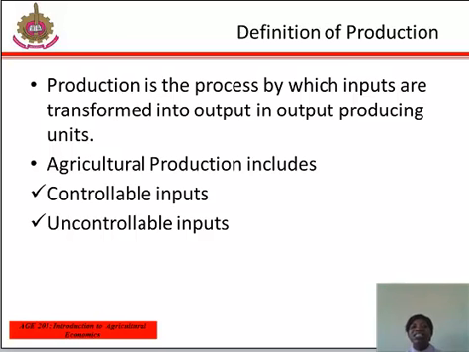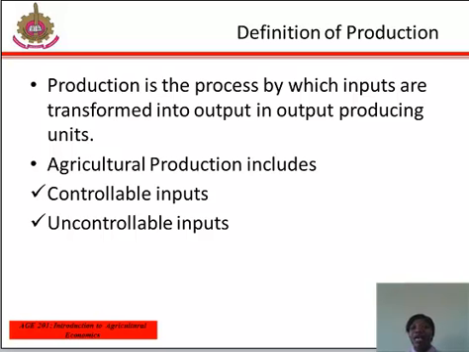The major resources used in agriculture are free and economic resources. Free resources are relatively abundant in supply and have no cost elements attached to them, but they are highly essential in agricultural production.